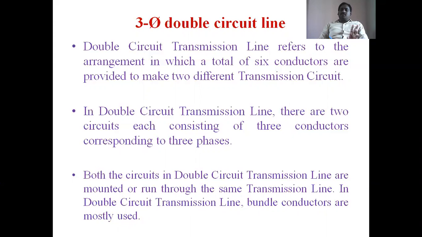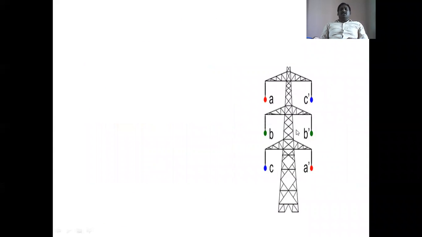That means power loss decreases. One more important advantage is that with the use of bundled conductors, corona can be reduced. Corona is a discharge of electric power in the form of loss, which can be reduced with the help of bundled conductors.